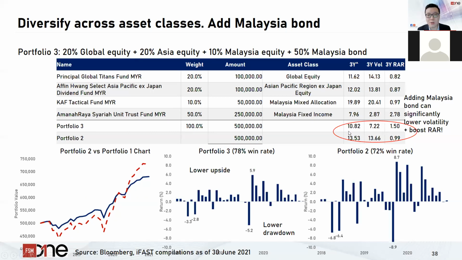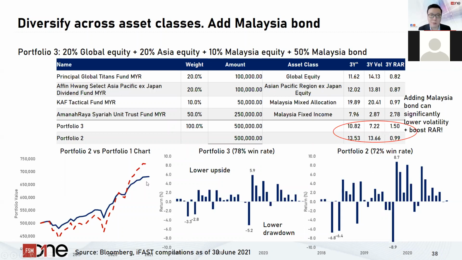Because the volatility has dropped so much, it boosted the risk-adjusted return by a lot. Now you have a risk-adjusted return of 1.5. That means for every percent of risk that you take, you're generating 1.5% of return. In the previous portfolio, for every percent of risk, you were generating 0.99% of return. So of course, the 1.51 is better, right?